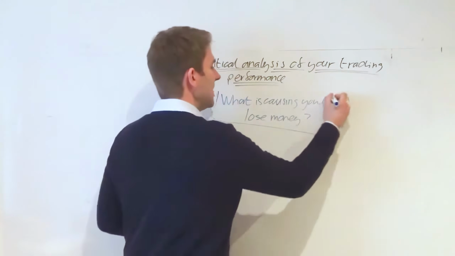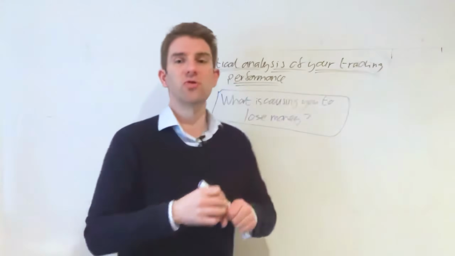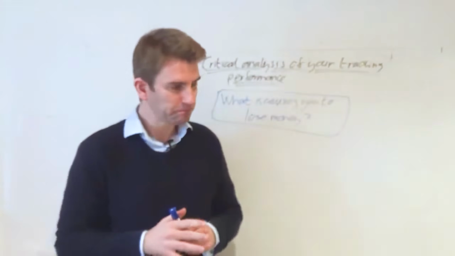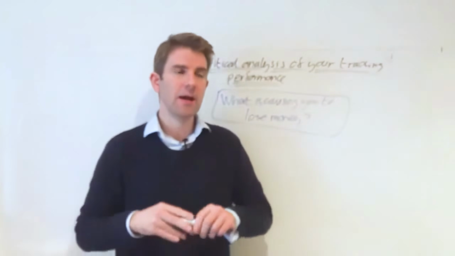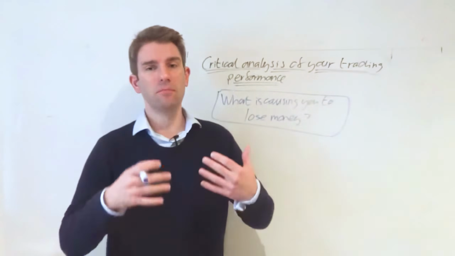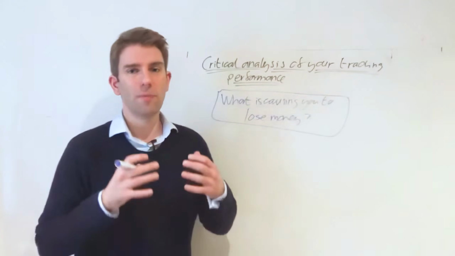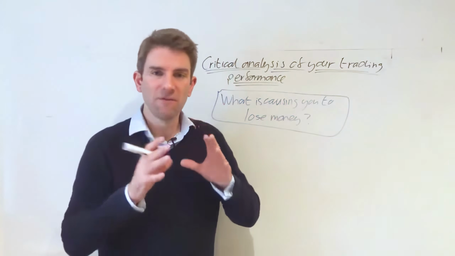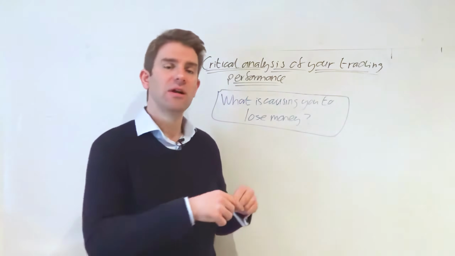Now, this may sound similar to what is causing you to make money, but it's actually fundamentally different the way we approach this. Generally speaking, I would find that my losses came from maybe one or two bad, poorly executed trades, a very small sliver.